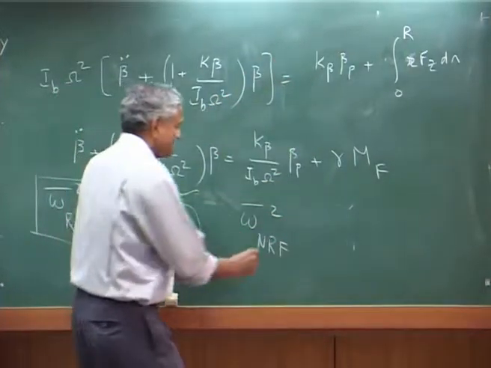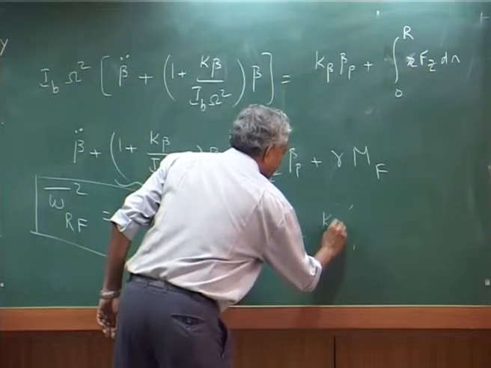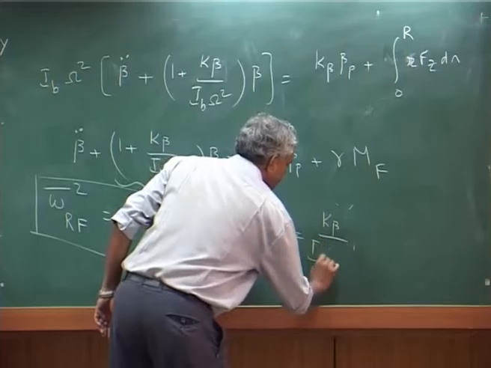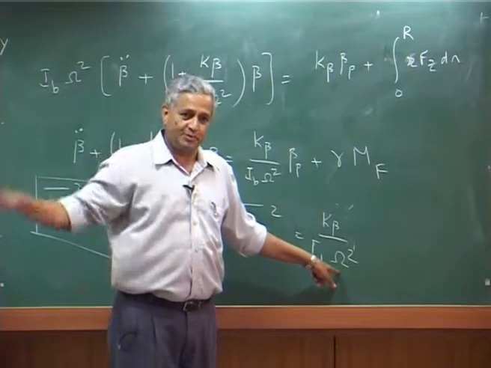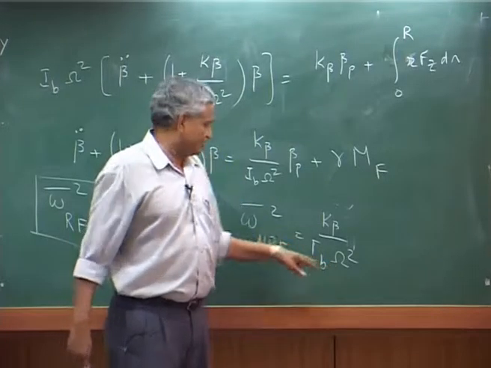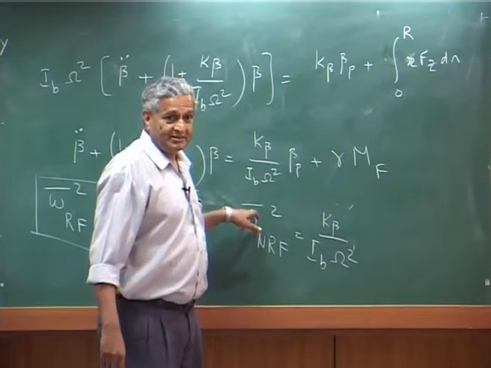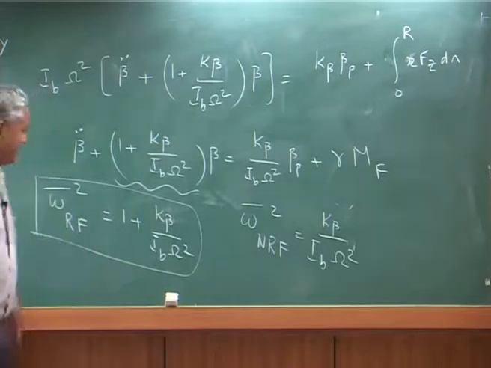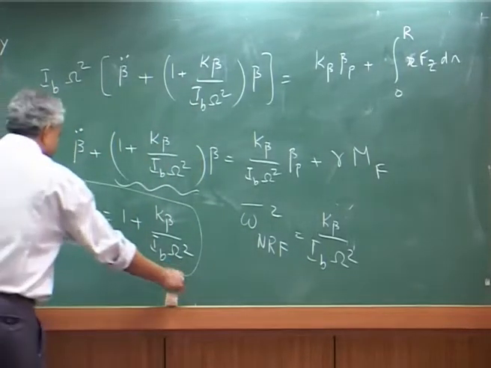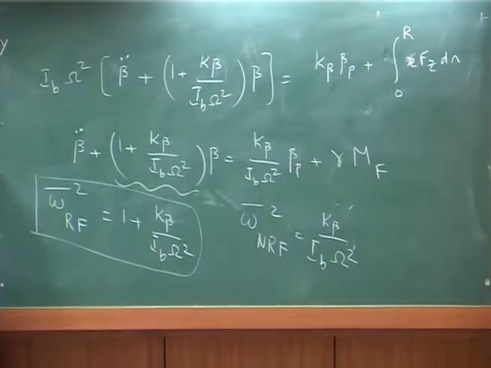If you non-dimensionalize, that will be k_beta by I_b, and of course, non-dimensionalize with respect to some reference omega. That is why I put a bar. You do not put 0 value there. You put whatever. Now, you see my simple equation tells me rotating flap, non-rotating flap.